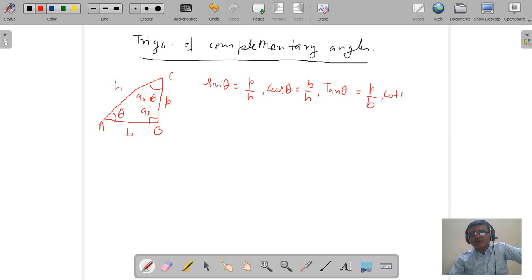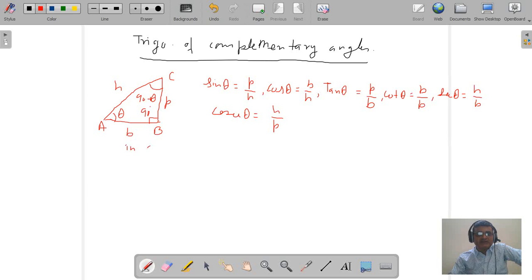Similarly, cot theta is base upon perpendicular. Now sec theta is hypotenuse upon base, and cosec theta is hypotenuse upon perpendicular.